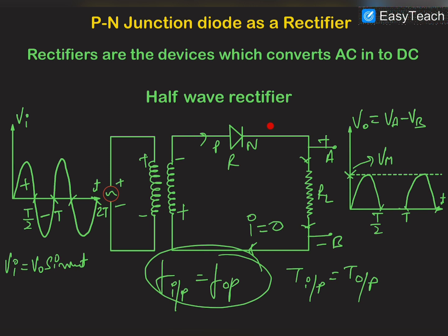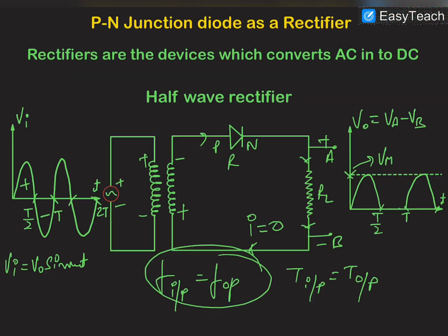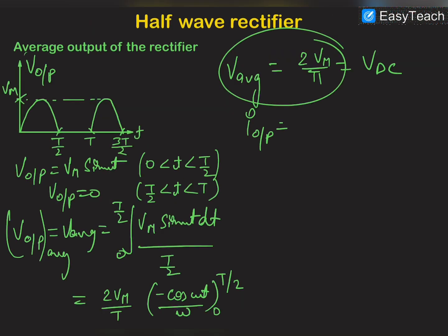So the current flowing in this secondary circuit, I output, will be calculated by V0, where V0 is the peak value of the input voltage. So I output will be V0 by the total resistance of the output circuit, which is load resistance plus resistance of diode.